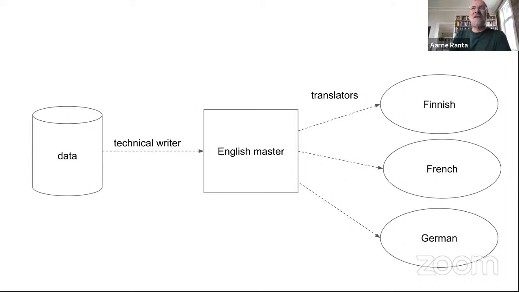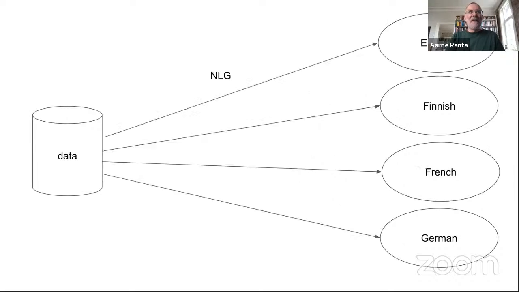So you have some data, or some knowledge more generally, that someone writes into a master document, and then translators translate it into different languages. And NLG replaces this with a completely automated process where you have the data and then the languages are produced from the data directly without there being any master document. We will come back to the relations between these two pictures, but this is the very coarse baseline idea of what NLG is.